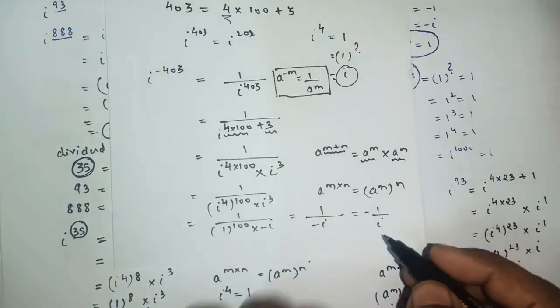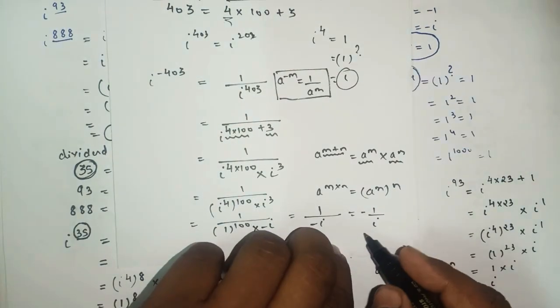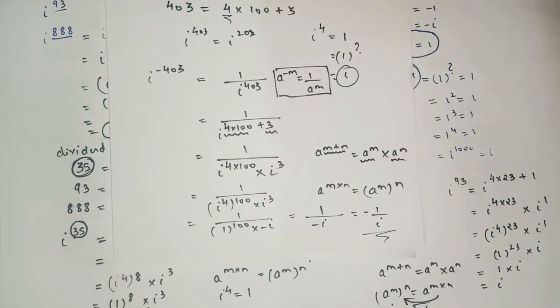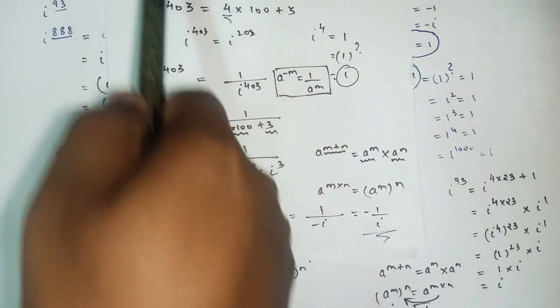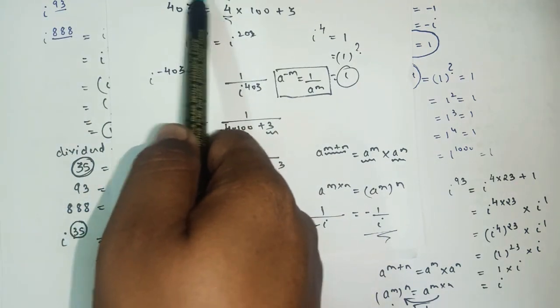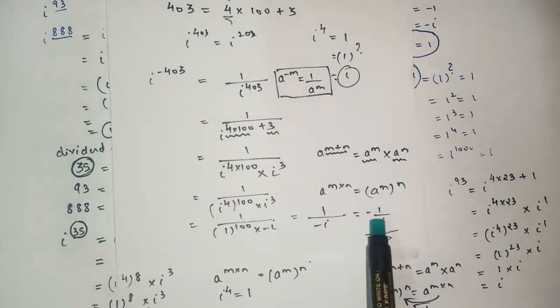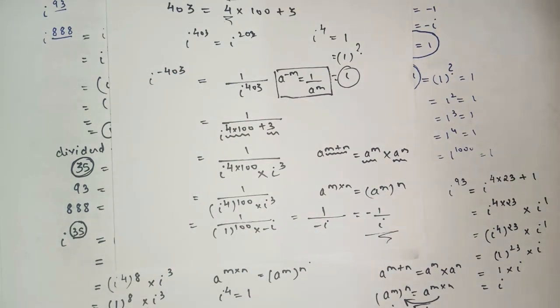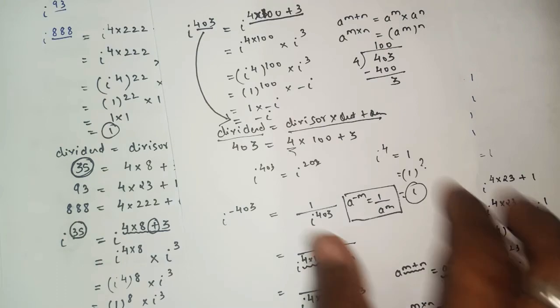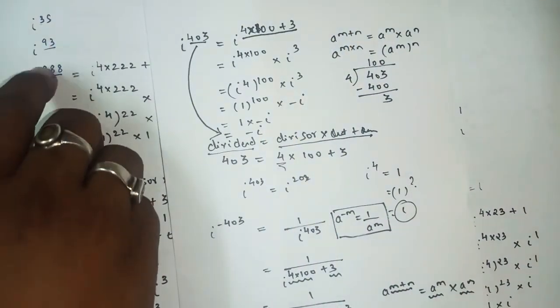So for i raised to minus 403, we got minus 1 upon i. Of course, i raised to 403 is minus i, so i raised to minus 403 will be minus 1 upon i.